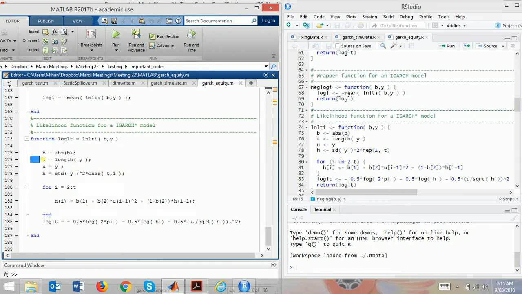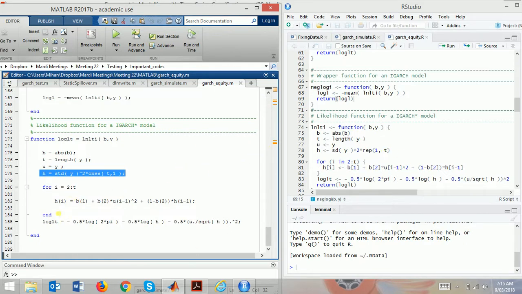Again, parameter b is the absolute value of b, t is the length of y, obviously u and y, and h is the standard deviation of y squared. Okay, the variance, we are finding the variance multiplied by ones, so that the first one is fine.